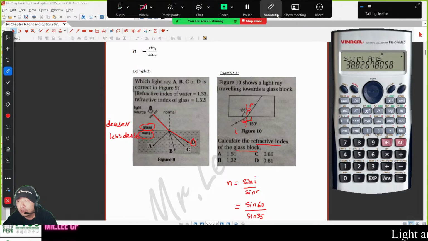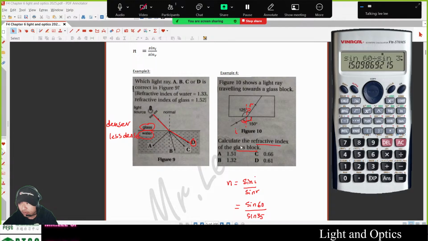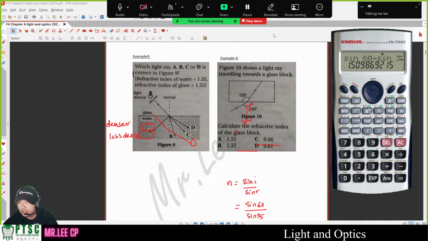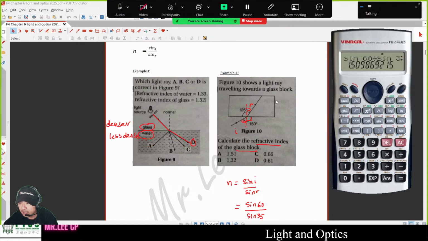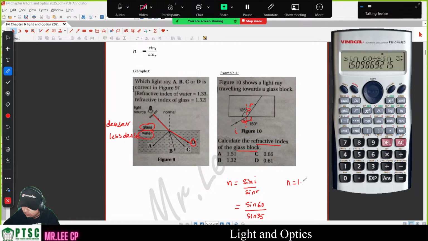So sine 60 divided by sine 35, you will get 1.51. Alright, n is equal to 1.51. The answer is A.